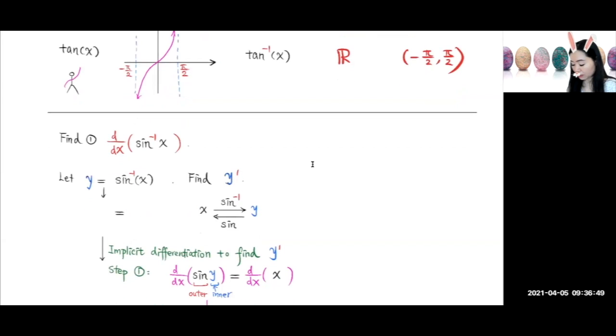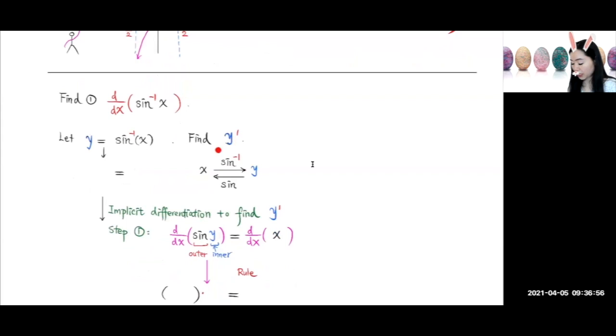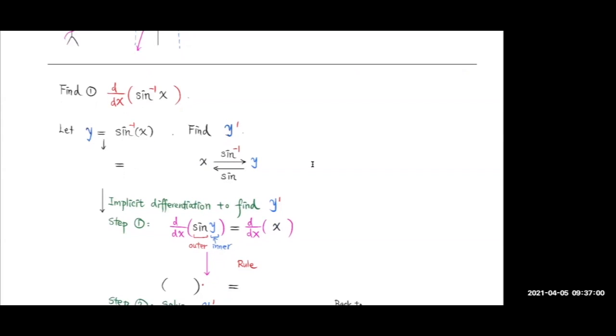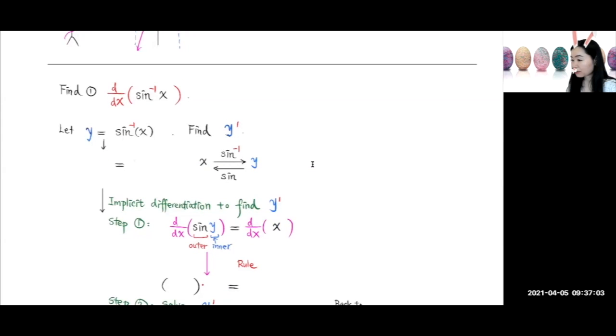So first, we look at the function y equals inverse sine of x. We're trying to find the derivative of this function. The way that we do it is we try to relate this to the function that we already know, which is the sine function.